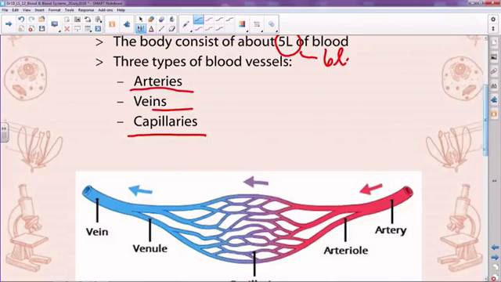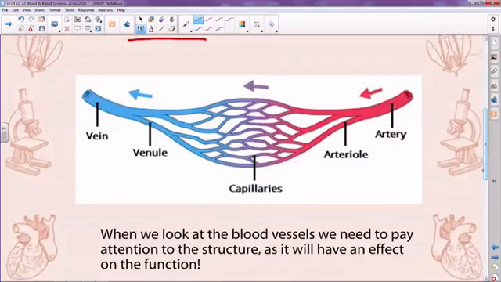This is a very important diagram when you look at the transport section. As you will see, when we look at the flow of blood, blood never leaves these blood vessels. Why? Because we're looking at this whole concept of a closed circulatory system.